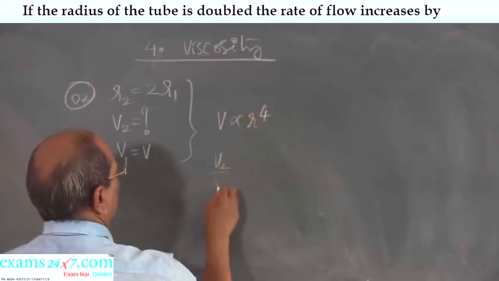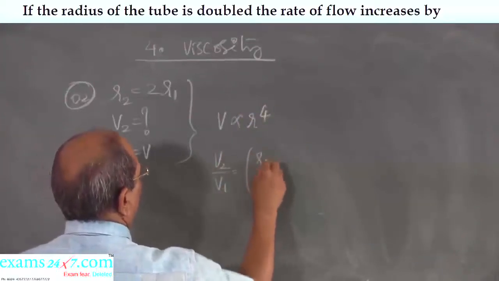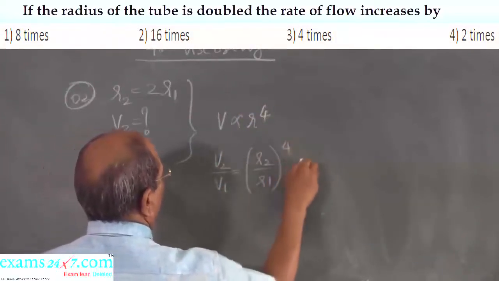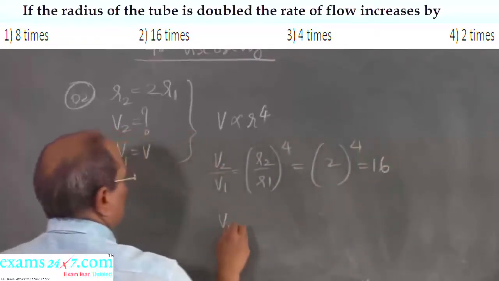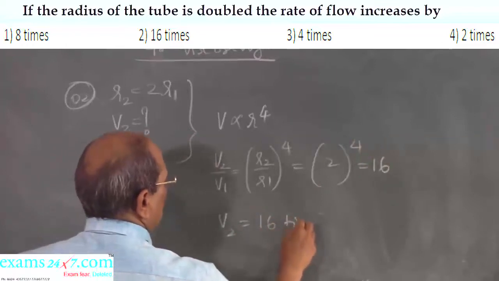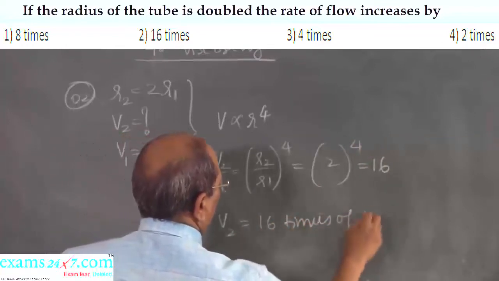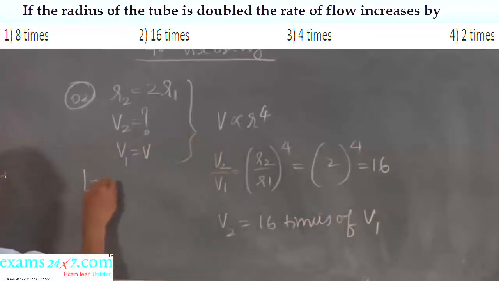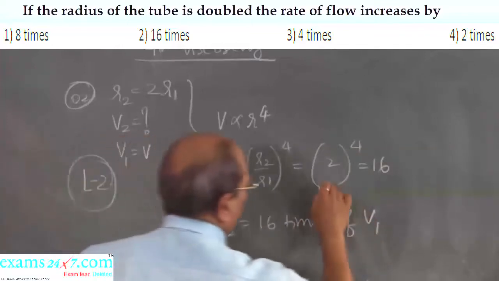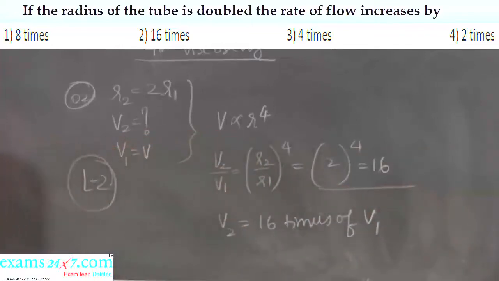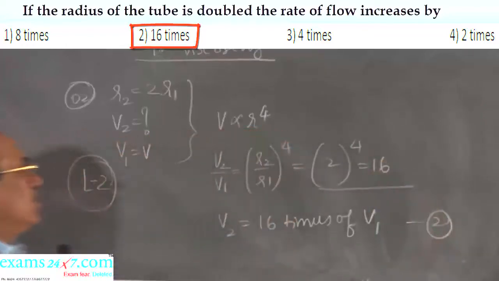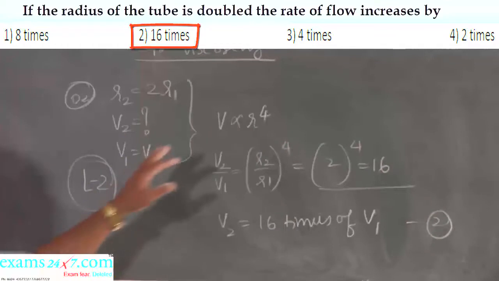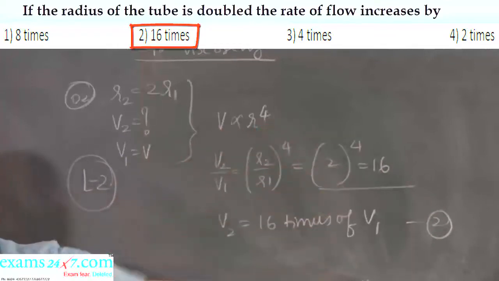Therefore V2 by V1 is equal to R2 by R1 power 4, which is equal to 2 power 4, which is 16. V2 is equal to 16 times V1. Level 2 question, answer is 16 times. Option number 2 is right. Directly Poiseuille's formula leads to V proportional to radius to the power of 4.